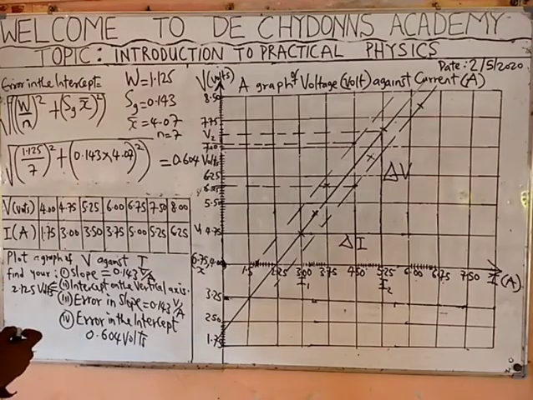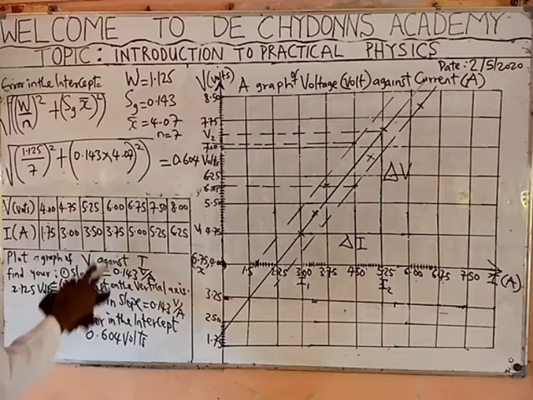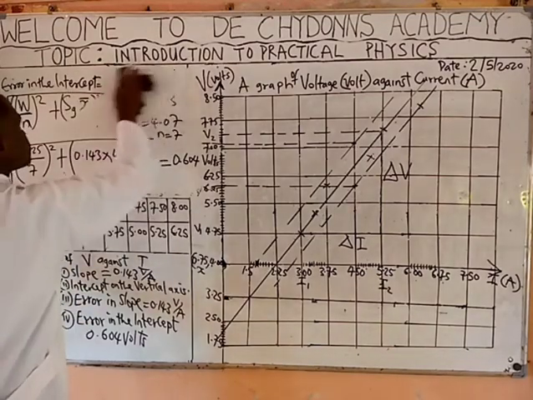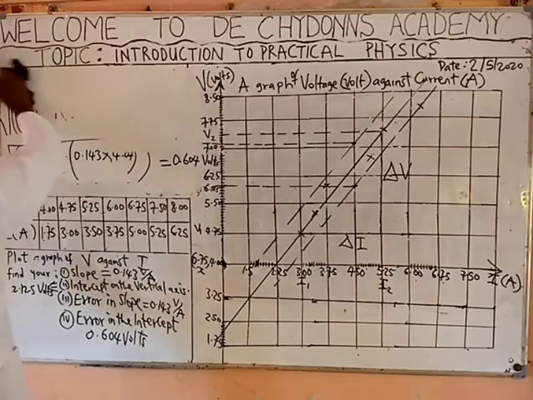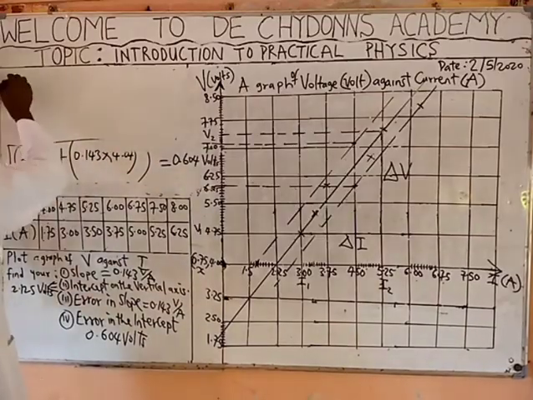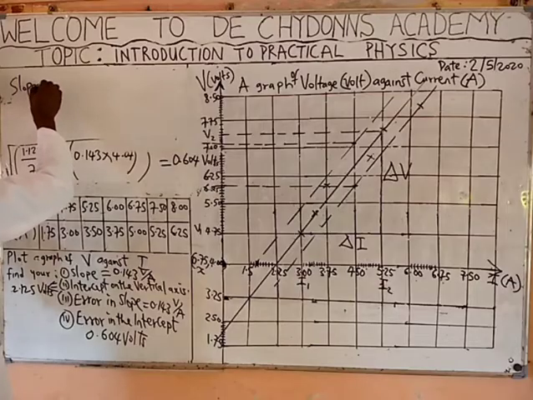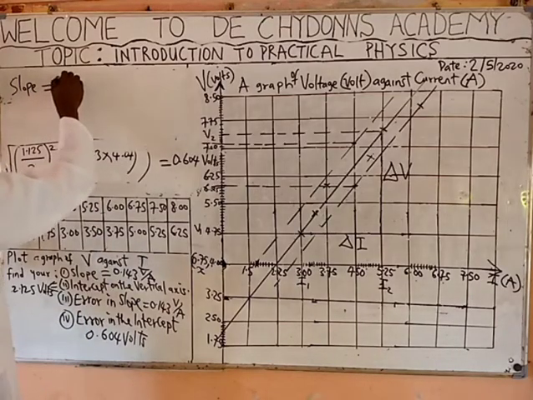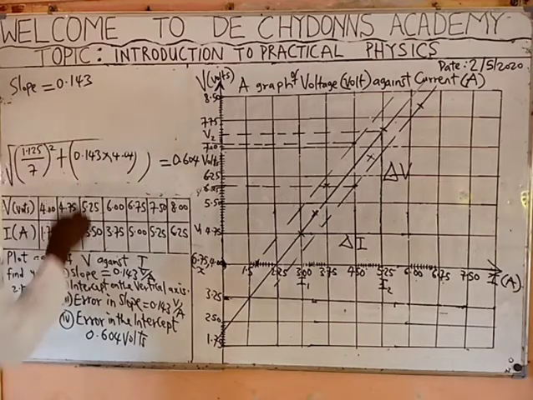Then the implication of this is that after getting your values, you can package your answer this way. You say your slope is equal to, what is our slope? 0.143.